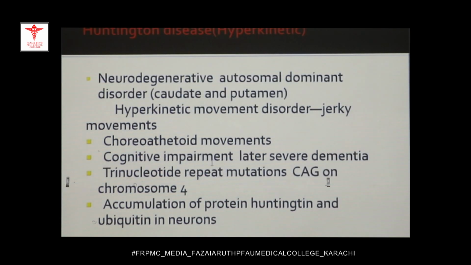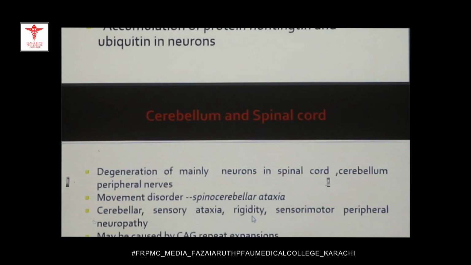There is also accompanying cognitive impairment and later on severe dementia. This is because of the trinucleotide repeat mutation of CAG on chromosome 4, which results in the accumulation of abnormal Huntingtin and ubiquitin proteins in the neurons, causing damage to the neurons and their synapses.